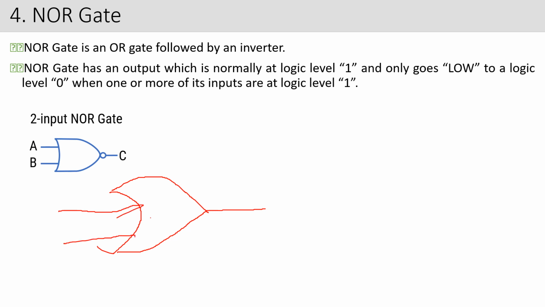See here, this is the same symbol but without the circle. Whenever you have an OR gate symbol with a circle at the tail, that represents a NOR gate. This circle represents NOT.